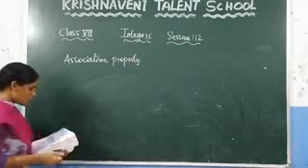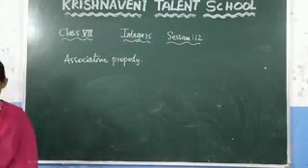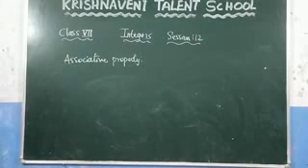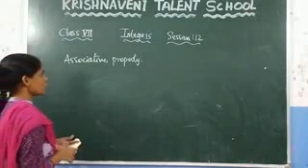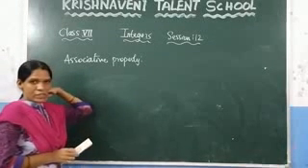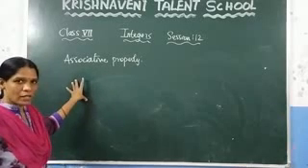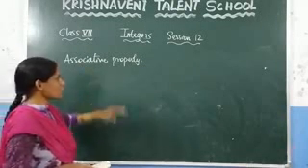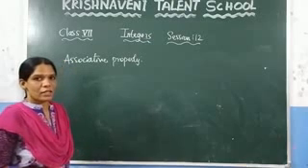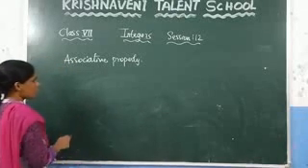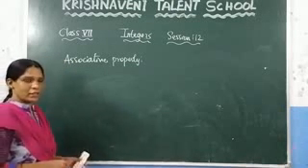So here we are going to discuss the associative property. We discussed the associative property under addition and under multiplication also. Now we are going to discuss this associative property under division. For the associative property, you know that we need three integers.